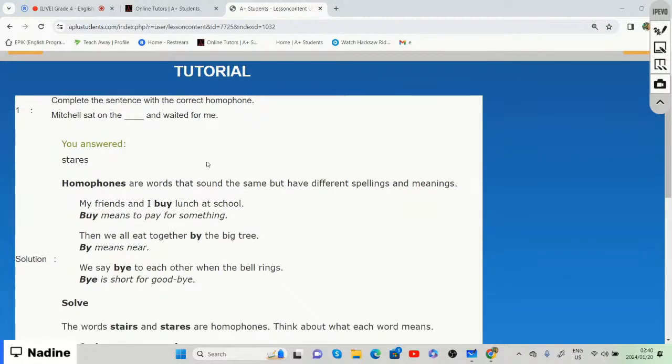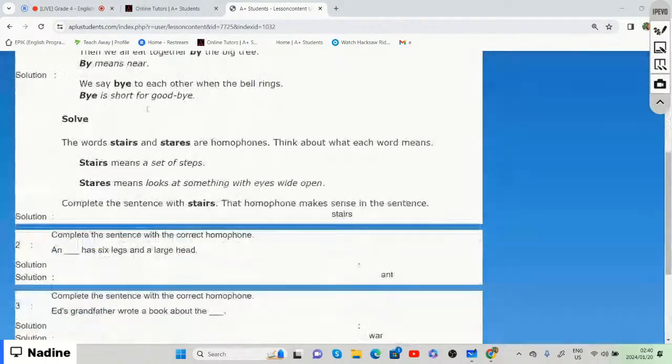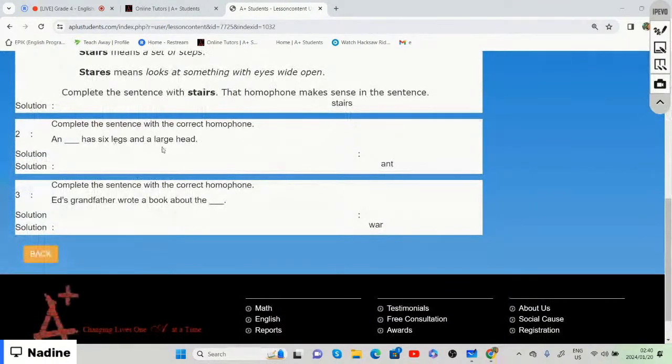All right. So we said Michelle waited for me on the stairs. And has six legs and a large head. So what has six legs and a large head and is very tiny?